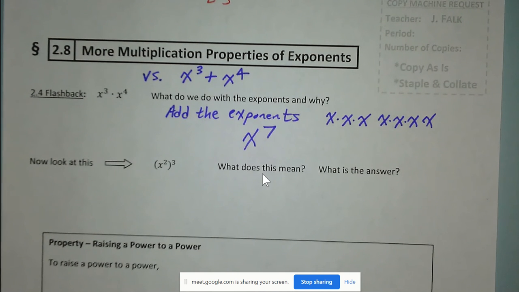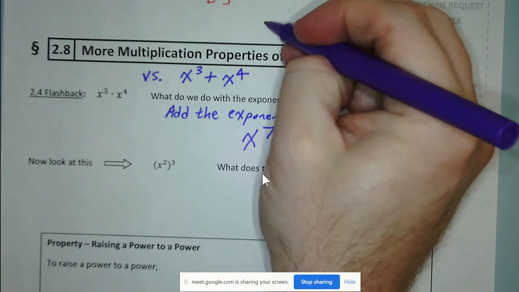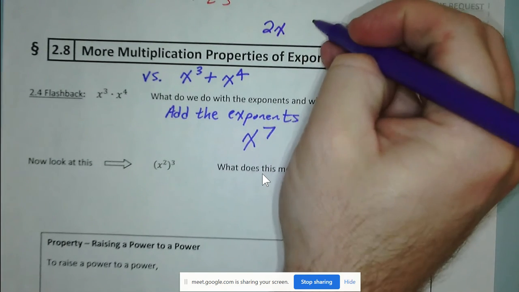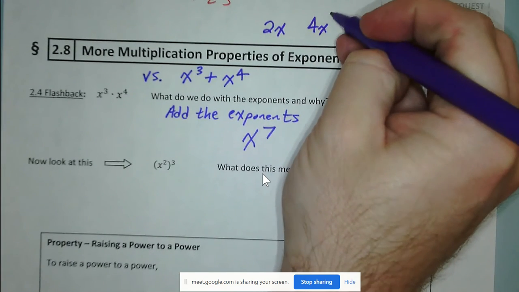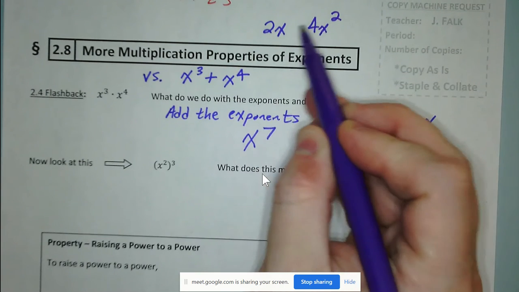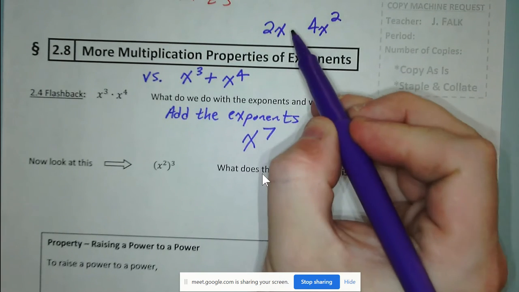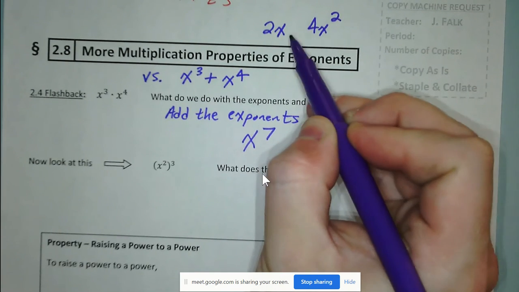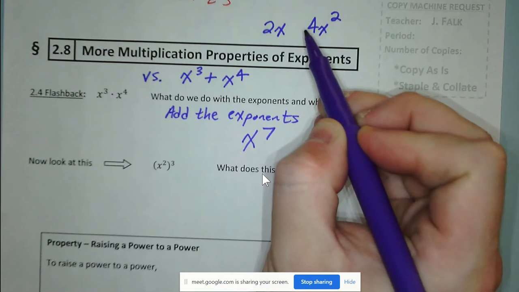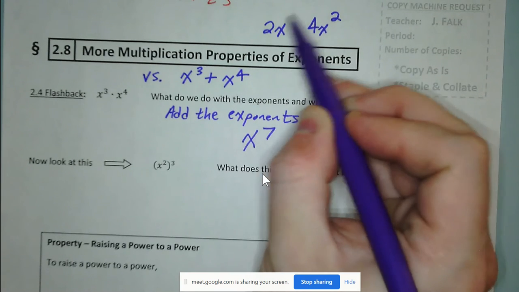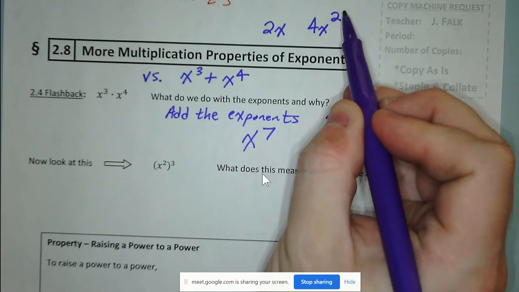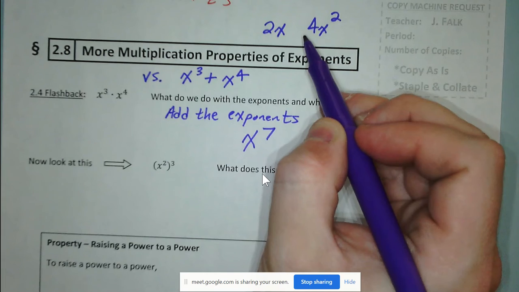Yeah, no. I just wanted to point that out because I was seeing this kind of thing on the quiz with a few people. So maybe another example: 2x and 4x squared. If these were two terms, you could totally multiply these together. 2x times 4x to the 2nd power will multiply together and simplify.